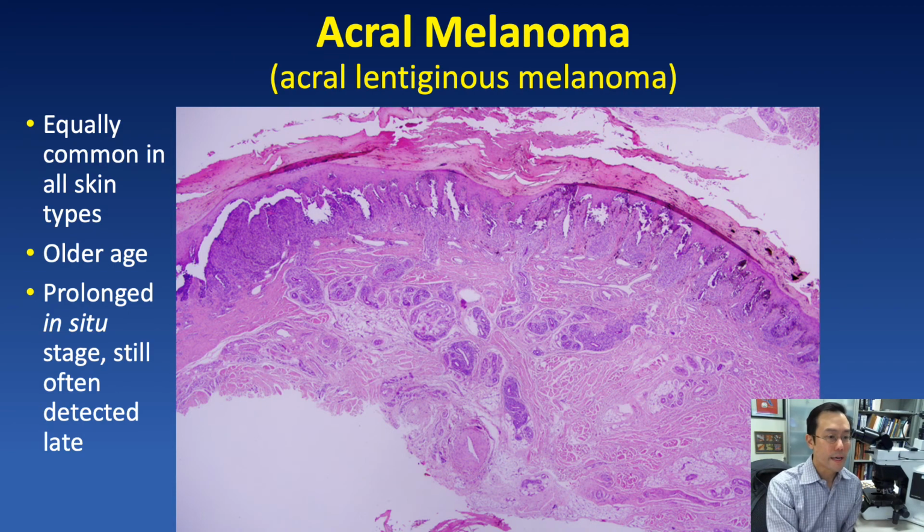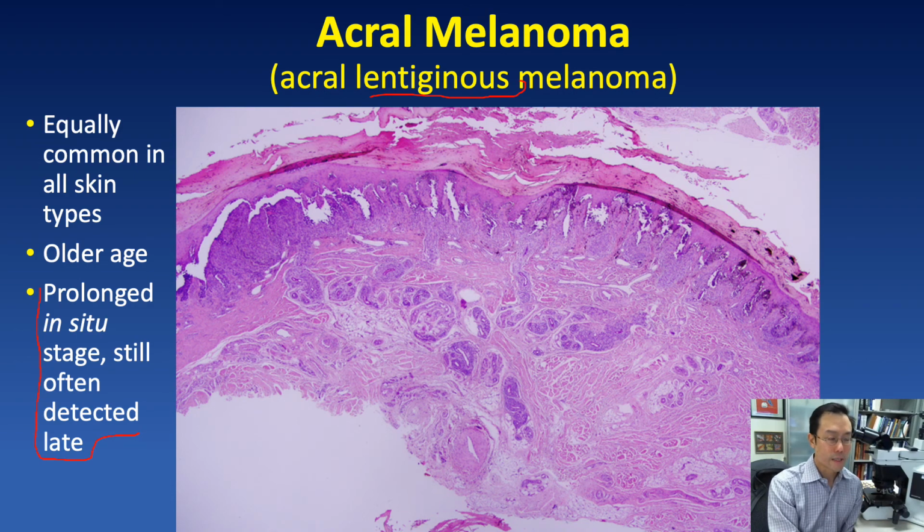Melanomas on acral skin share some features with lentigo maligna melanoma, as evidenced by the older historical name acral lentiginous melanoma, or ALM. This lentiginous pattern of growth is characteristic. In addition, there often is a prolonged in situ stage, and often years may progress, even decades prior to invasion.